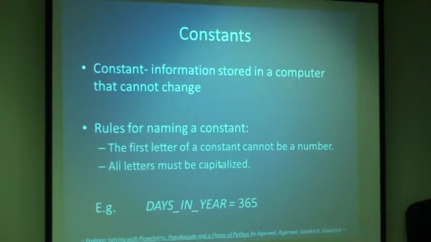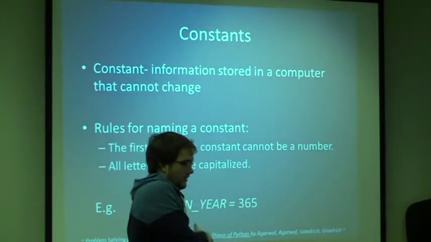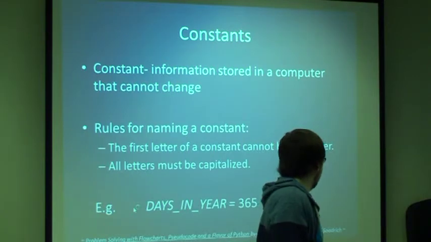In Python, it makes no difference. Python will treat this like any other variable, and therefore you can change days and year any number of times. Okay? There's no distinction between constants and variables.